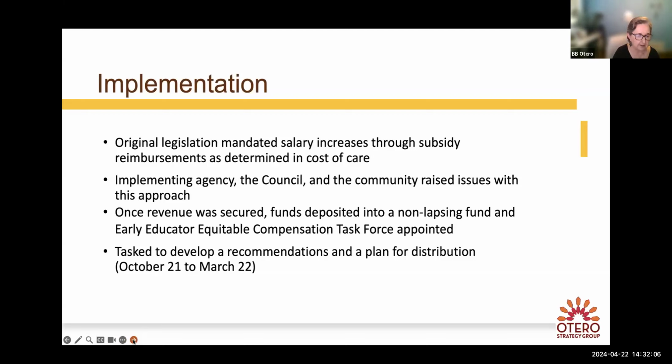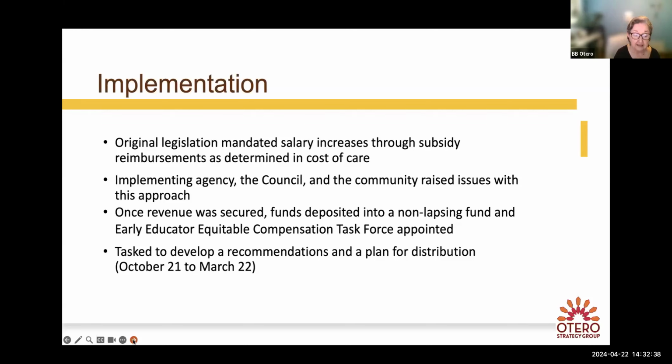The implementing agency, the council, and the community had a lot of issues around that approach, and this is why we made the switch. Once the revenue was secured, funds were deposited, and this was really key, in a non-lapsing fund. We were very concerned that once we have the funding, we put it in a non-lapsing fund, because it would take a couple of years to get the system in place to actually provide the additional compensation to early educators.